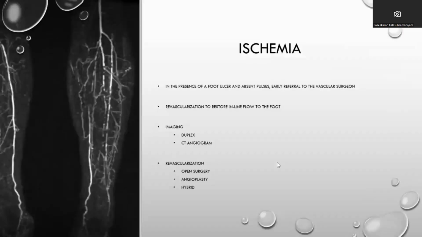Ischemia, that is my part. In the presence of an absent pulse, the vascular surgeon needs to see that patient, especially if the patient has gangrene or an infected diabetic foot.